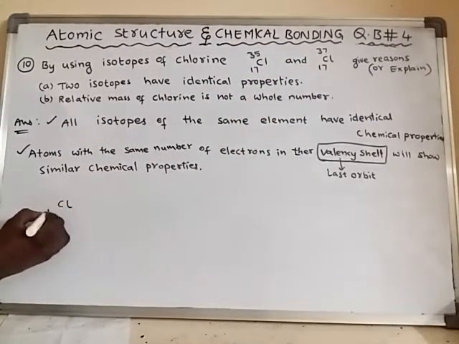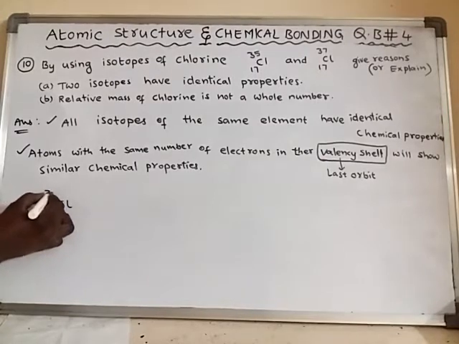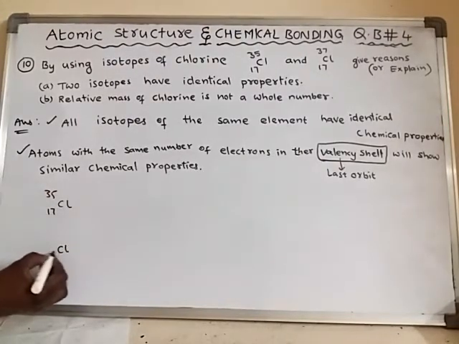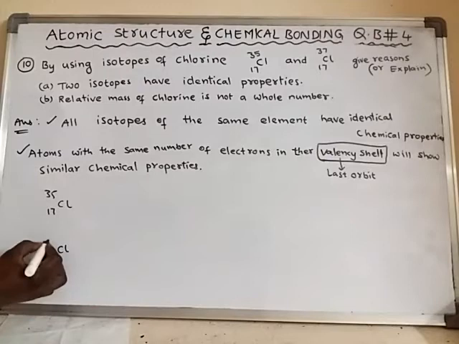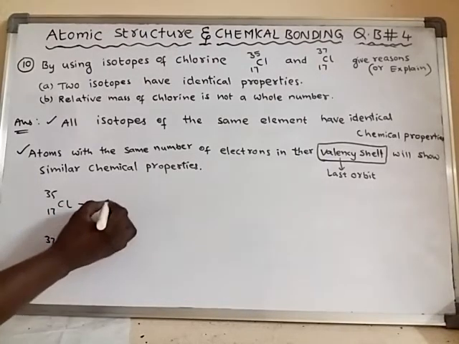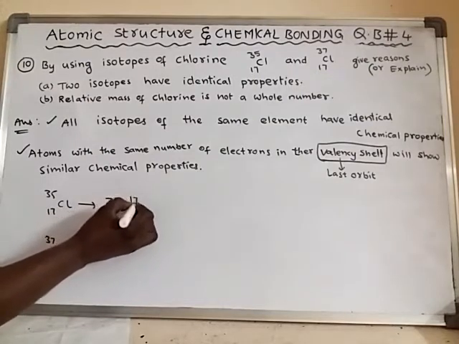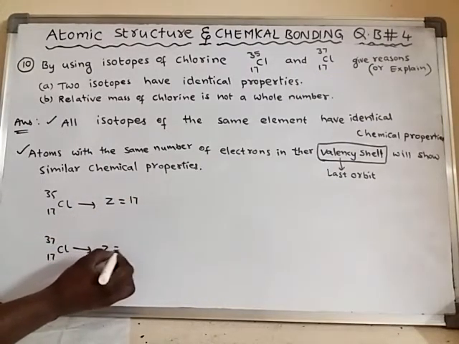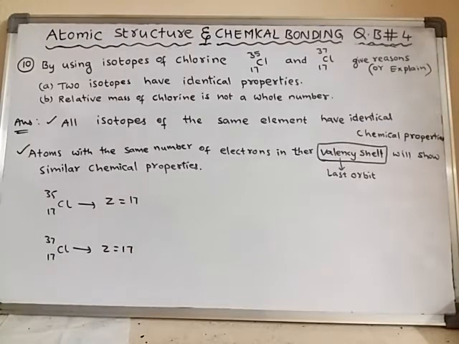chlorine 35 and chlorine 37. So what is its atomic number? 17. Its atomic number is also 17 because these two are isotopes. Isotopes of the same element will have the same atomic number.